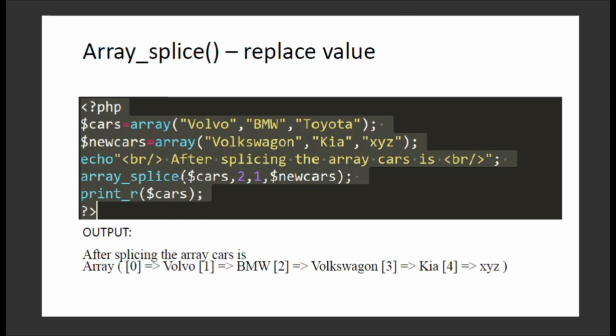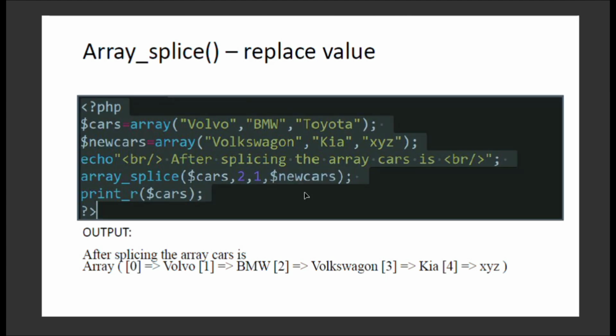I have given the new array as this, and using the array splice function, I have given the previous, meaning our first array, separated by comma. Here this is 2, meaning at which index I want to remove, and separated by comma, 1 means how many elements we want to replace, and which array we want to replace it with.